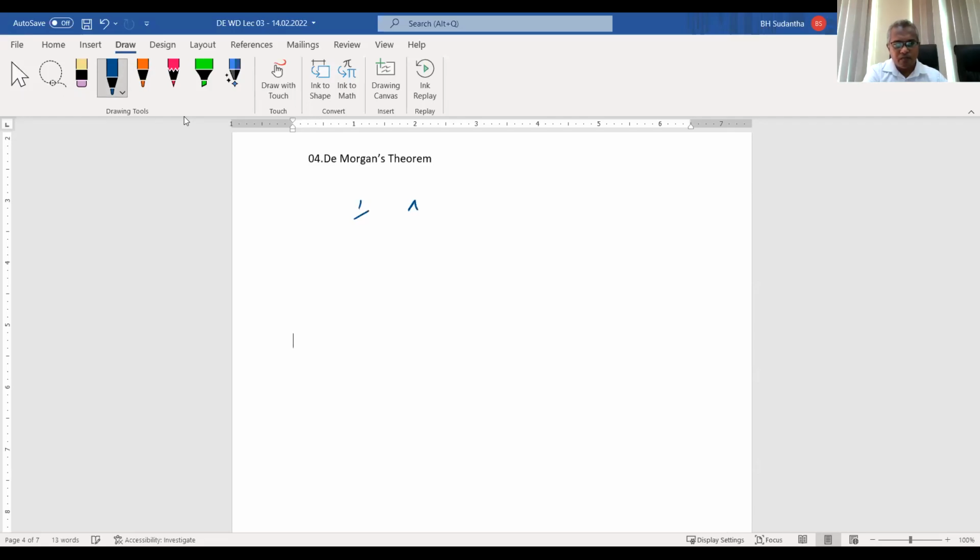First part says A plus B bar, that is NOR operation, equals this one, A bar B bar.